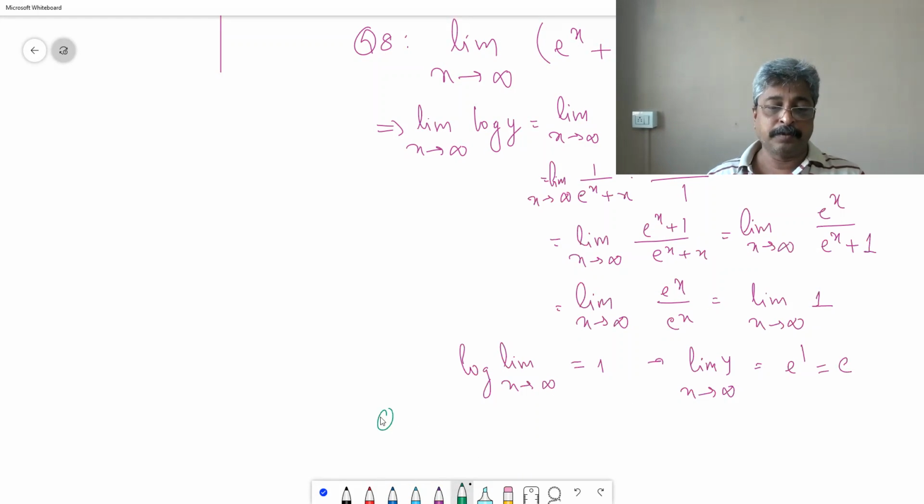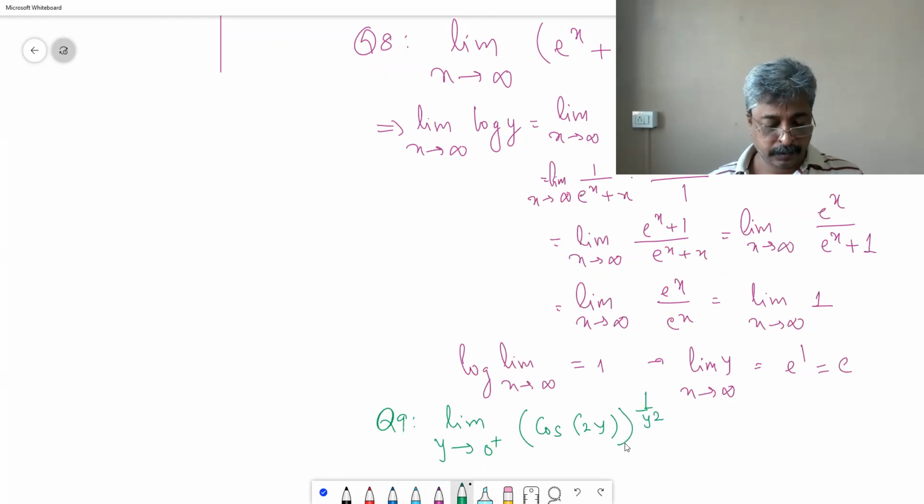Question number 9. Limit y tends to 0 plus, (cos 2y) raised to 1 upon y square.